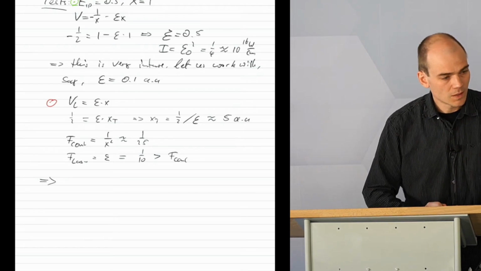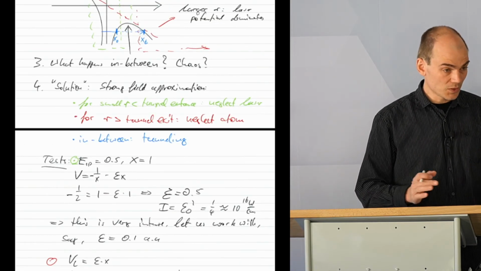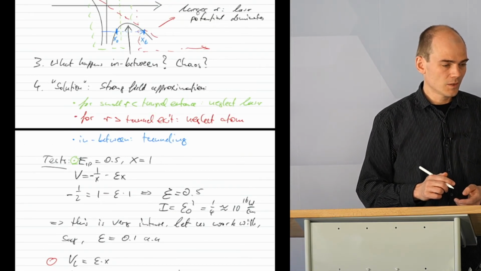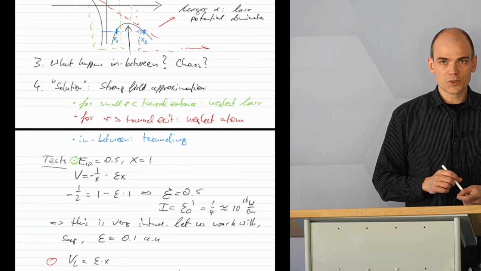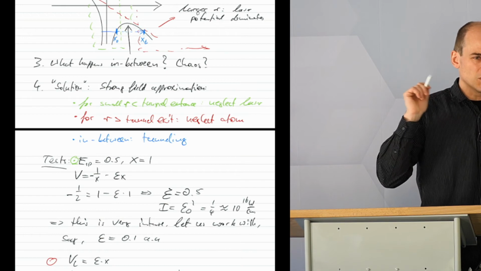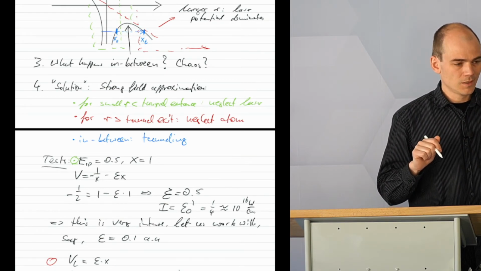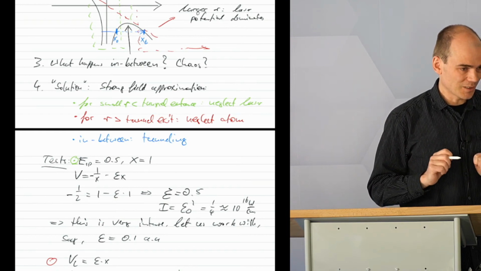If the electron is present at these distances from the nucleus, then it should tunnel. There's a certain probability for the electron to tunnel. You remember from basic quantum mechanics, one often calculates the transmission of a barrier, and we will actually do this also in the next chapter.